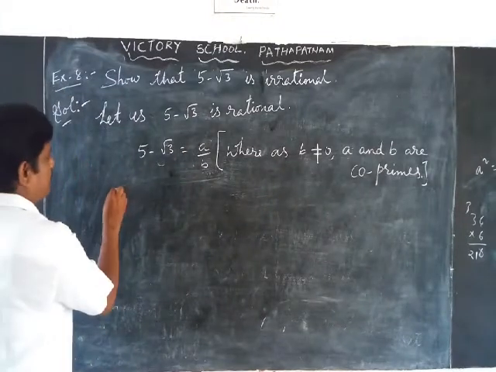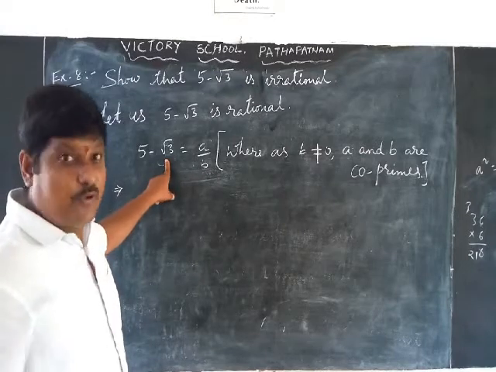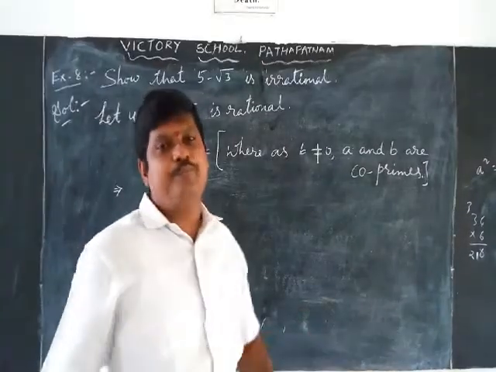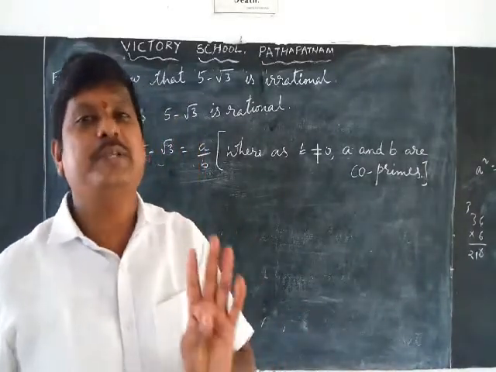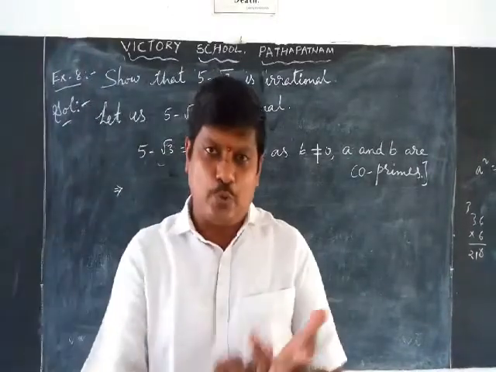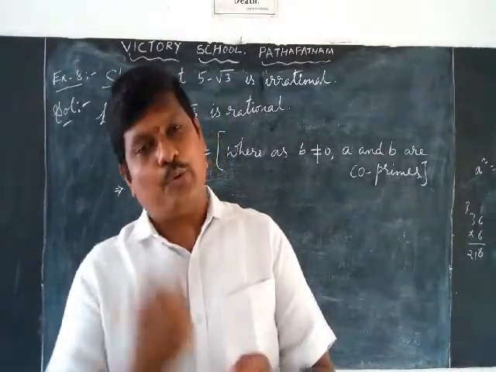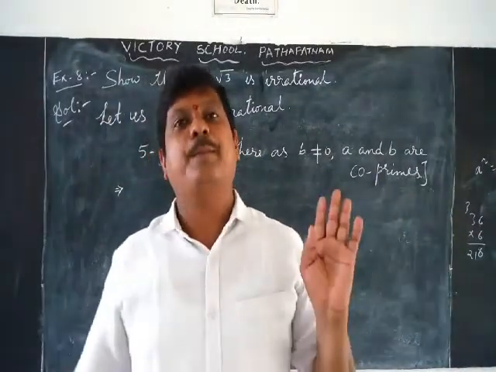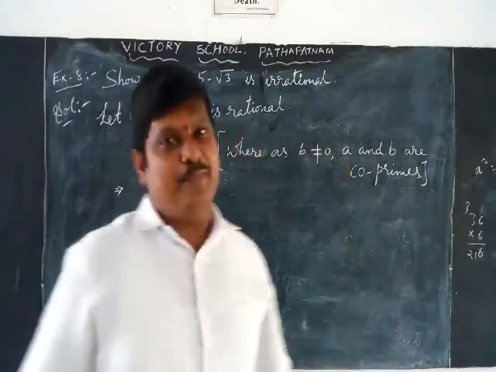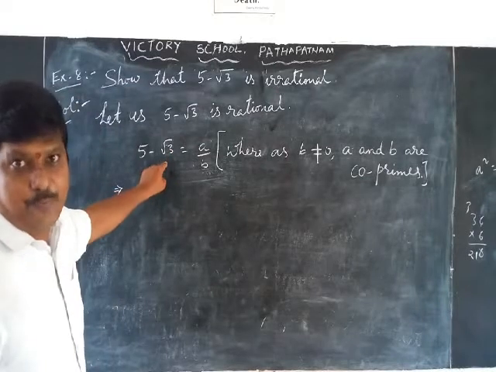Very simple. We require here root 3, because we already proved in the previous problem that root 2 is not a rational number, it is an irrational number. Not only root 2, at the same time root 3, root 5, root 7, root 11, all are irrational numbers. Now root 3 is very important.